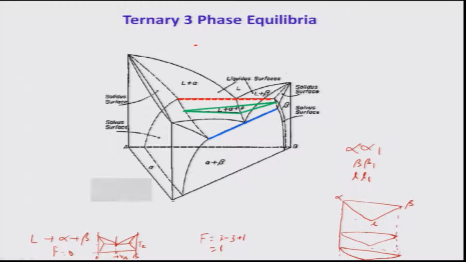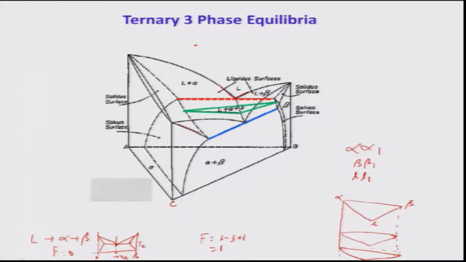Now let me explain from the space model. As you see here, the space model has everything here: A, B, C, and you have 2 binaries, BC and AC, that have eutectic reactions. There is a binary eutectic there. You can clearly see, this is a eutectic point, and there is another eutectic point here.